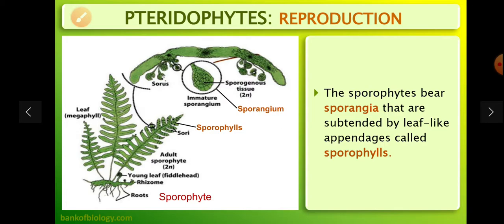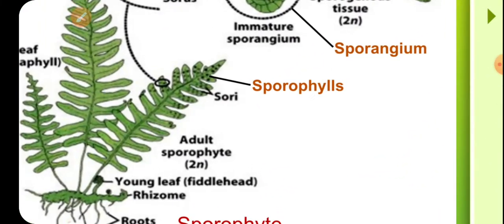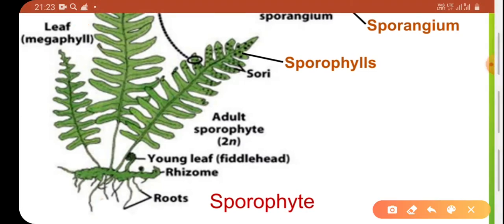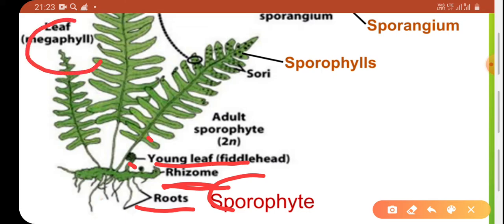Sporophytes bear sporangia that are subtended by leaf-like appendages called sporophylls. Here we can see this in the diagram. This is the root, the young leaves, and the newly emerging leaves. Rhizomes, and these are the leaves. Megaphylls means the leaves are quite bigger than in smaller plants.